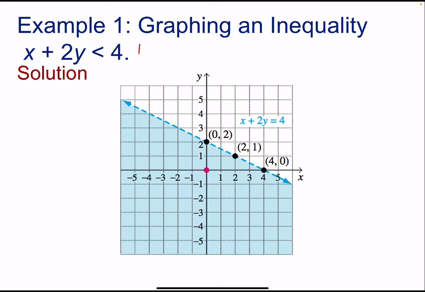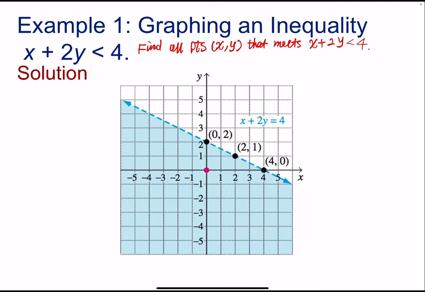It means that we want to find all points (x, y) in the xy plane that meet x plus 2y less than 4. So how are we going to solve this problem?